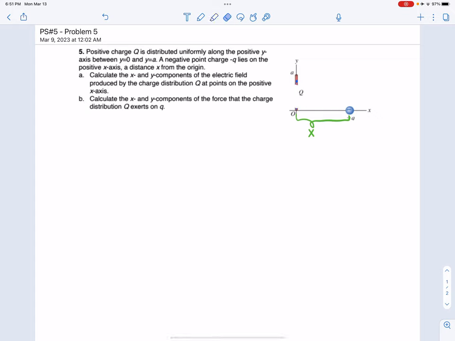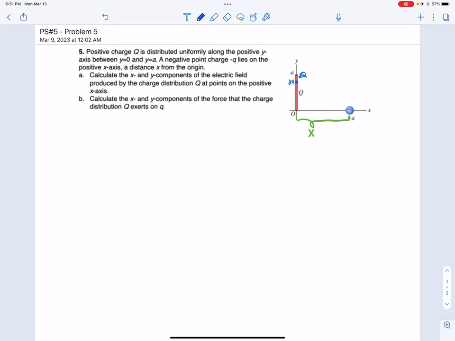So let's say one of those infinitesimally small charges is located right here, okay? And it has a tiny charge dq, and it has some little length dy, okay?